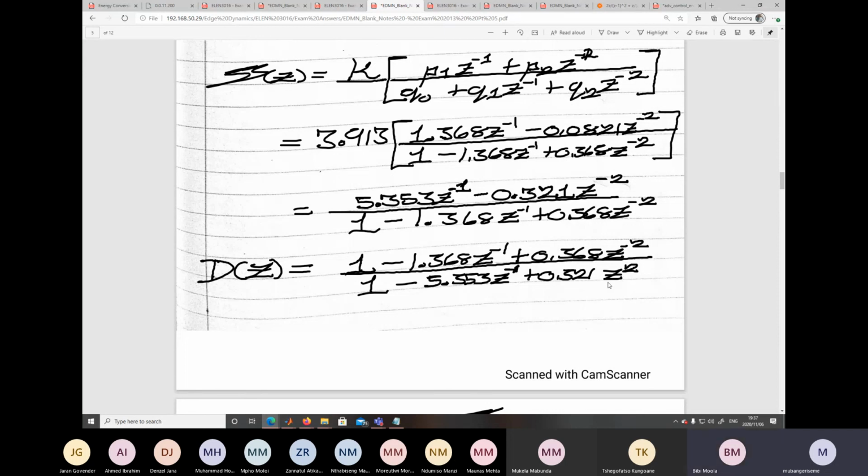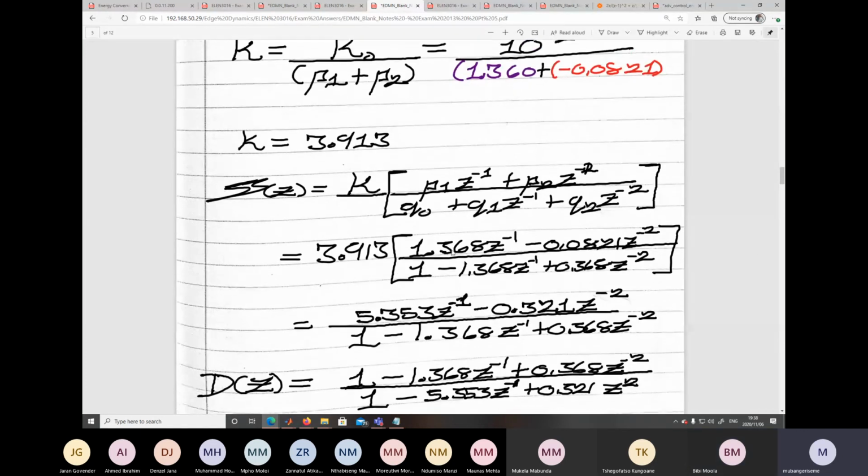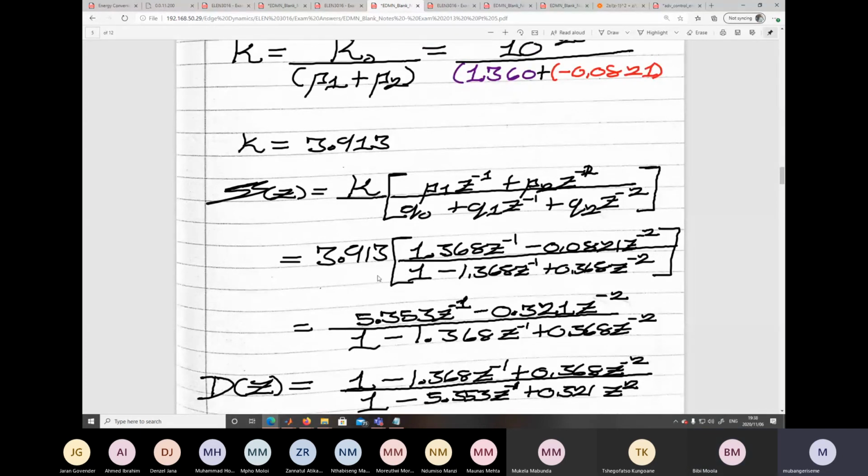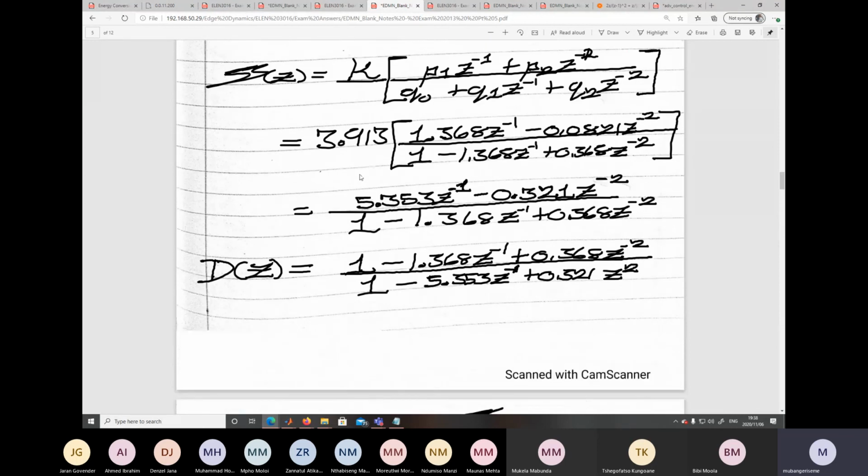Okay, yeah, I think I see it now. Yes, thank you. Because like I said, I do not see the rationale in you multiplying that by 3.913 as well. To me, that doesn't make sense. You're not changing that gain at all.